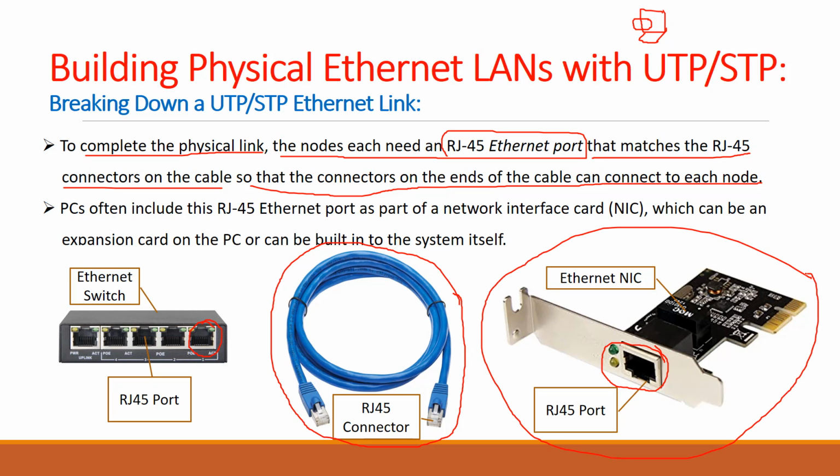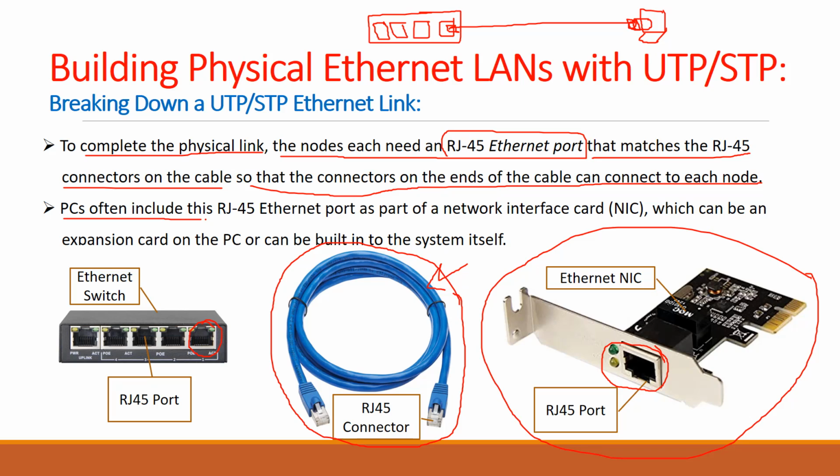We call it an Ethernet network interface card with an RJ45 port, and here we have a switch with, let's say, 4 Ethernet RJ45 ports, and we have this cable, or patch cord, with RJ45 connectors. We will use the cable to connect these two nodes. Here is the RJ45 connector, and here is the RJ45 connector, and this will complete the physical link.